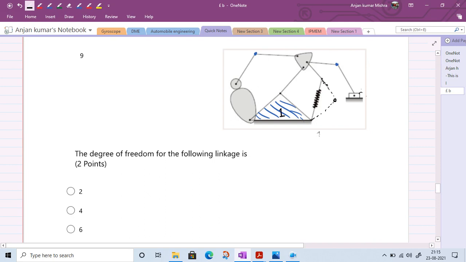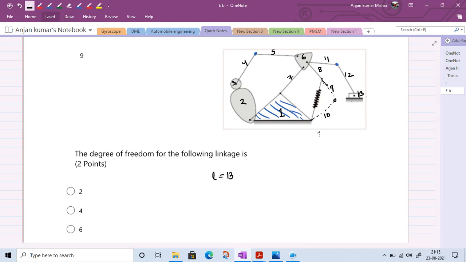This is number 1, this is number 2, this is number 3, this is number 4, this is number 5, number 6, this is 7, this is 8, this is 9 after conversion, this is 10, this is 11, this is 12, and the slider is 13 here. So number of links is equal to 13 here.